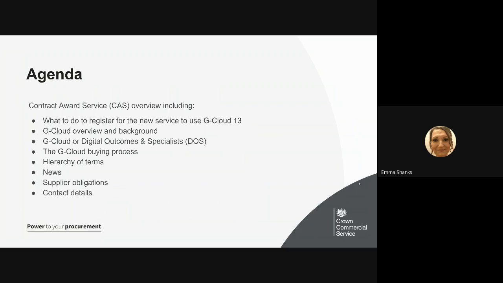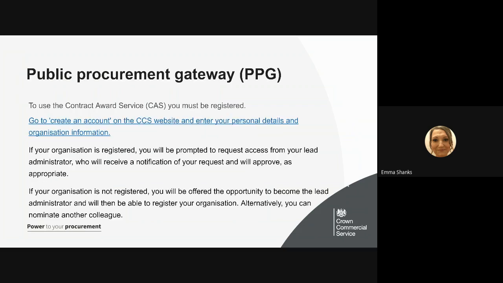Then we'll go through the buying process, hierarchy of terms, a few considerations that need to be made before you put pen to paper. And then there's a few slides on supplier obligations. So if suppliers are watching this, it will be useful for them, but also it's useful for buyers to know what suppliers need to be aware of too.